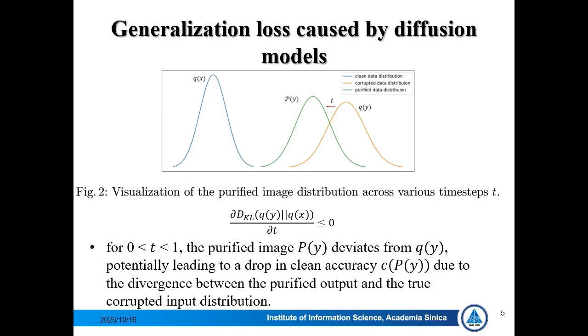However, this process can inadvertently cause a mismatch between the purified image and their original corrected input, leading to a drop in clean accuracy because the purifier effectively overrides natural variations that the classifier has learned to handle. This illustrates how diffusion-based purification can unintentionally harm classifier generalization rather than improve it.